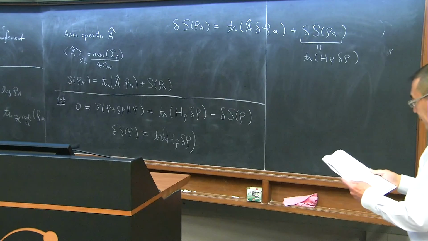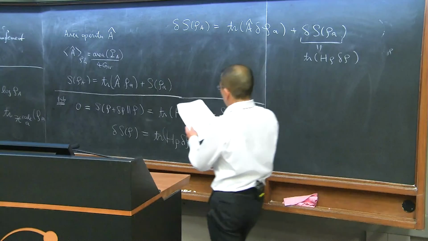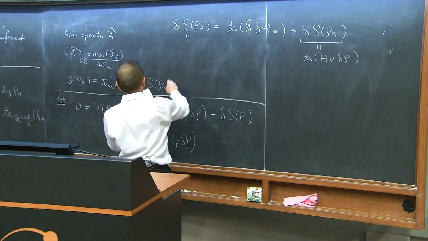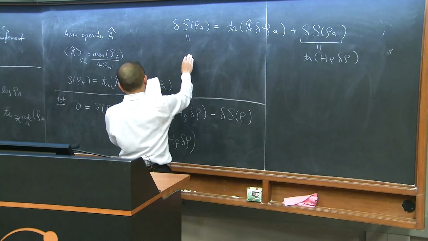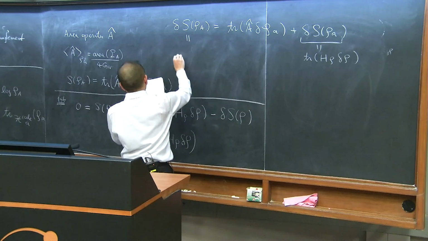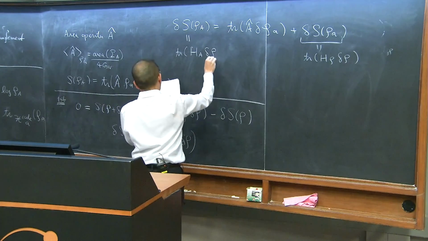Okay? On the other hand, according to this formula, this is equal to the trace of H A delta rho A.